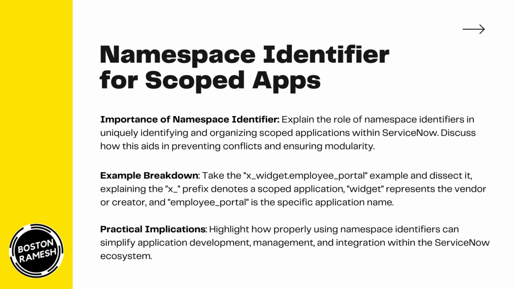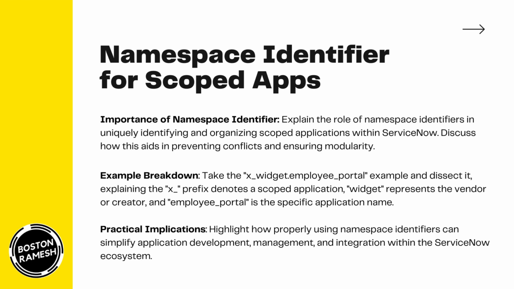So why is it so important for us to have these namespace identifiers correctly created? For developers, this process simplifies application development, management, and integration by providing a clear and organized structure for application identification.